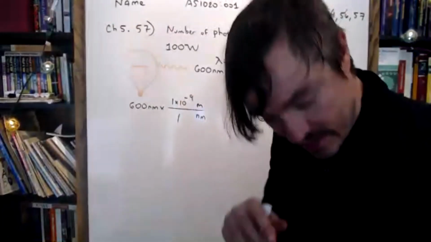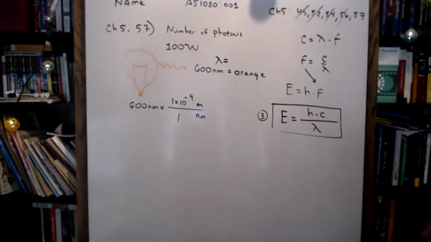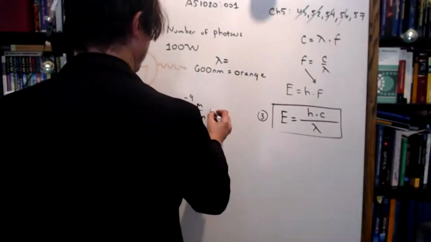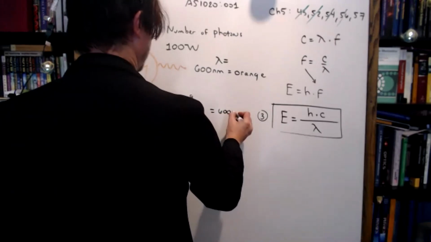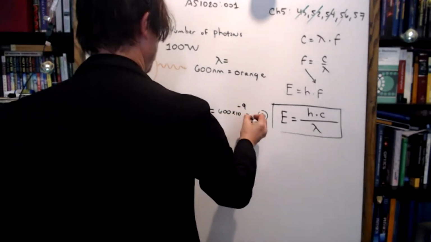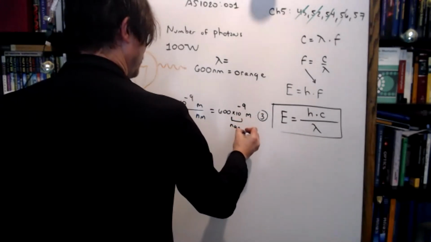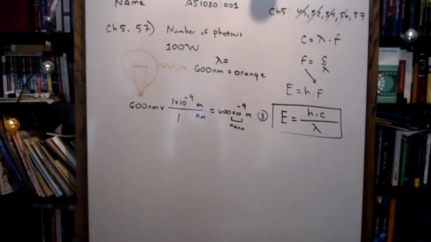I sure hope I didn't write that as 9 last time. Okay, do you know what 600 times 1 is? 600. Well, then this must be 600 times 10 to the minus 9 meters. After all, that's what a nano is. A nano is 10 to the minus 9.